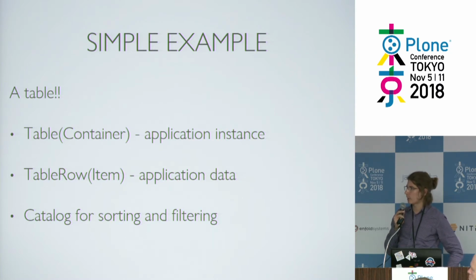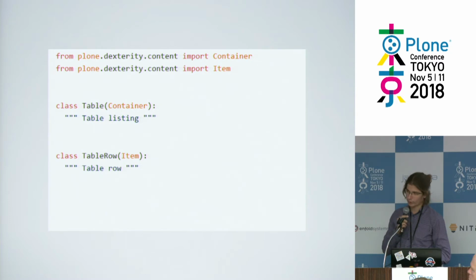And then you would have sorting and filtering from the catalog, which in certain cases can become stale and your entries would not update properly. So this is how that would look, right? Of course, you need to add the interfaces and register the ZCML files and everything.